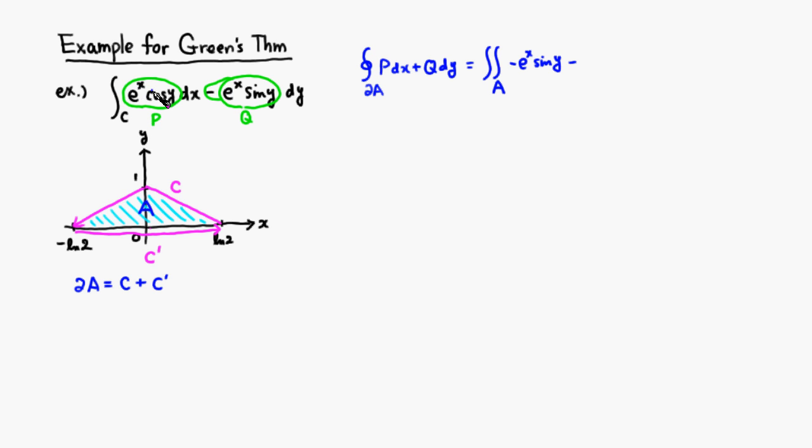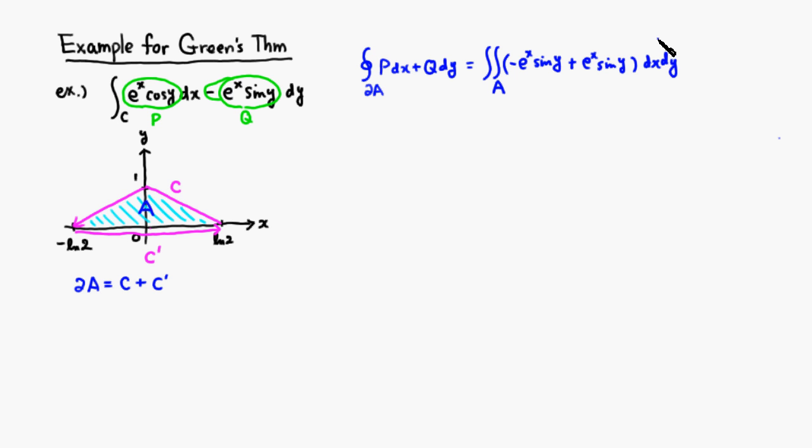It's e to the x, because it's just a constant, and the partial of cosine of y with respect to y is negative sine. So it's negative sine of y, with respect to x and with respect to y.